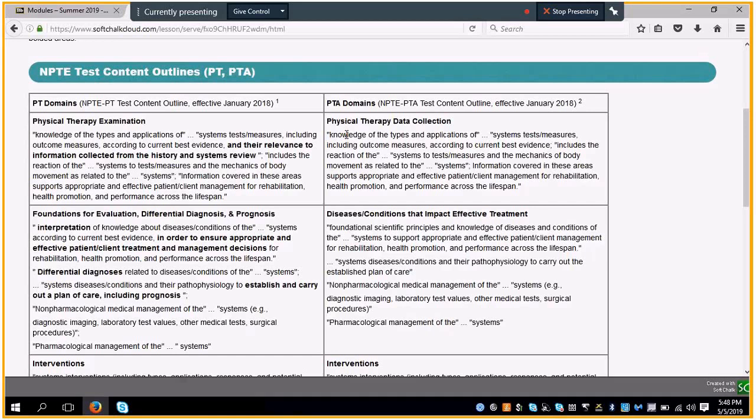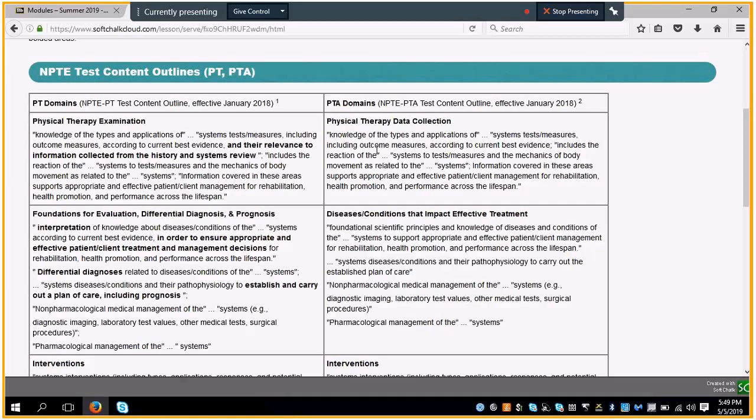One of the differences, however, is that you're collecting data that often you may be directed to collect, or it's already determined that that's important data to collect, because the PT evaluation is already done.